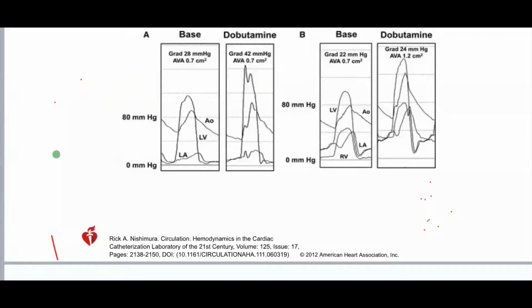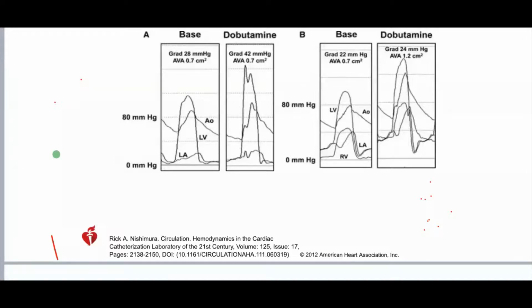Exactly. But in case of patient A, the area is fixed in spite of the dobutamine. Very good. So patient A has true aortic stenosis, and patient B has pseudo aortic stenosis.